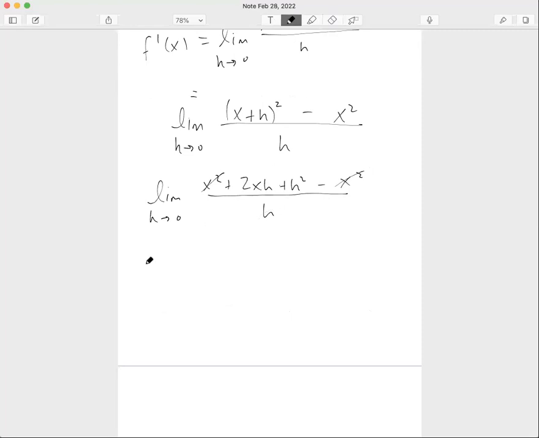After getting rid of the x squared, now what can you do with the h's? Just a little hint, people get confused about when you can cancel out terms. If you ever get confused about that, I recommend you factor first.